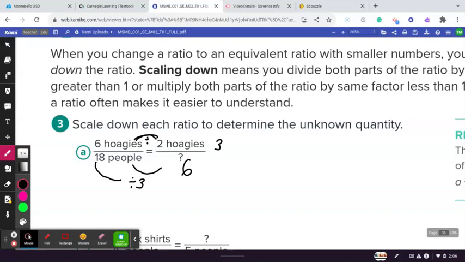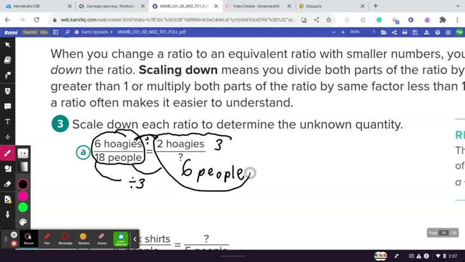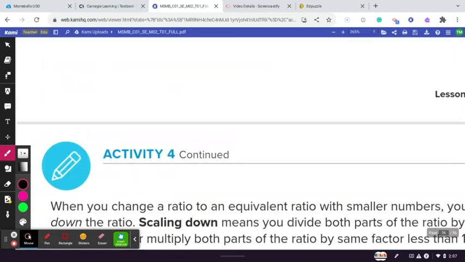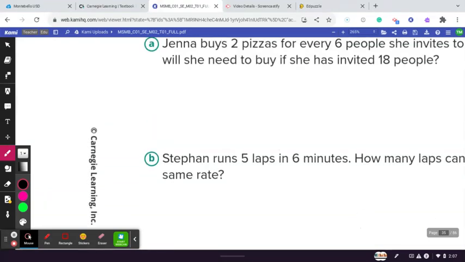You're scaling down. So let's say at a previous party, 6 sandwiches fed 18 people, but this time you're only gonna need 1/3 of that amount. You're not gonna need as many sandwiches, and you're just gonna wanna feed 6 people. You would know that you would need to get 3 of those sandwiches. You'd be scaling down. So you're gonna practice the problems here on the remaining of this page and on the previous page as well with scaling up.